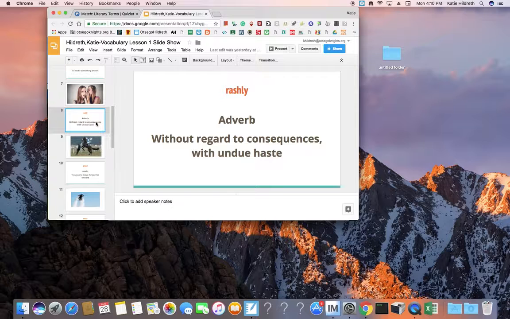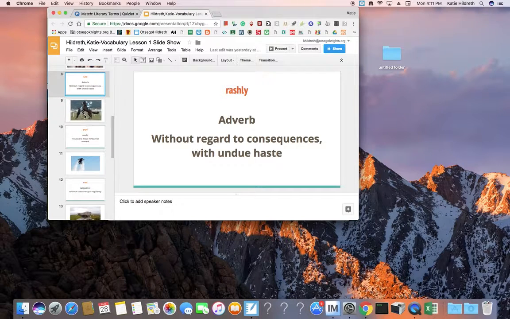Our next word is rashly. Kind of hard to say. It's an adverb, so it's a describing word. It describes a verb. It means without regard to consequences, with undue haste. So if you do something and you know that you possibly could get hurt, like speeding through the parking lot or down the street, even though you know you could get a ticket or somebody could get hurt, then you are driving rashly.